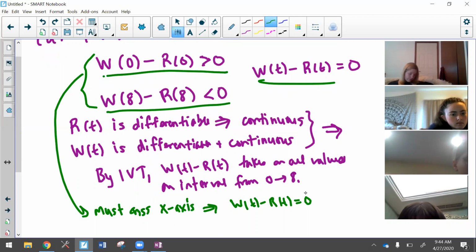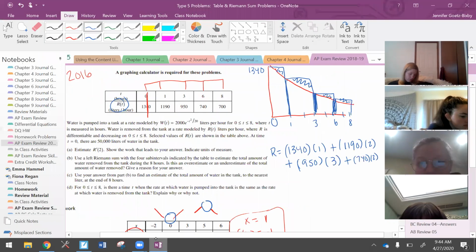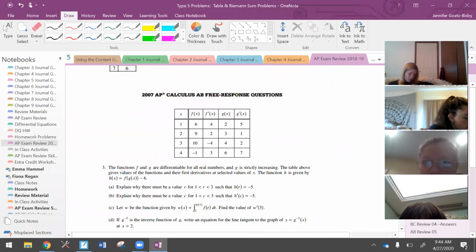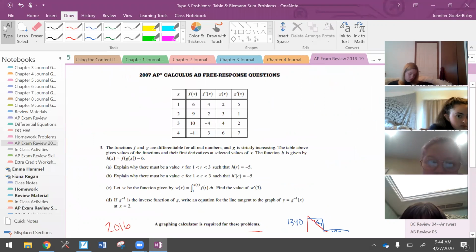Okay, so what I would like you to do then is to do the last problem, which is 2007, number 3. So that is a problem from class here. I would like you to spend the rest of class working on this. The last minute or two of class, I will put up the answer so that you can check your answers and see if you can figure out what the answers are, or figure out where you went wrong.